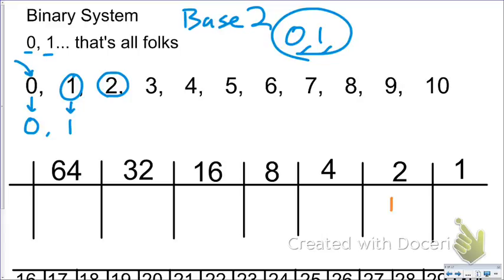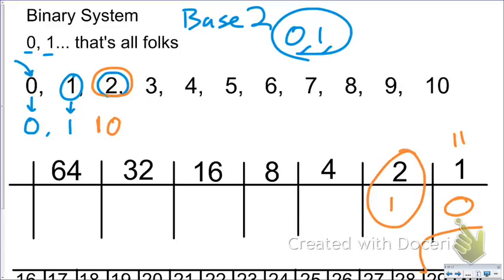In other words, if I have 2 of something, that is actually going to be written as 1 group of 2 and 0 groups of 1. So the number 1, 0 represents 2 in the base 10 system.